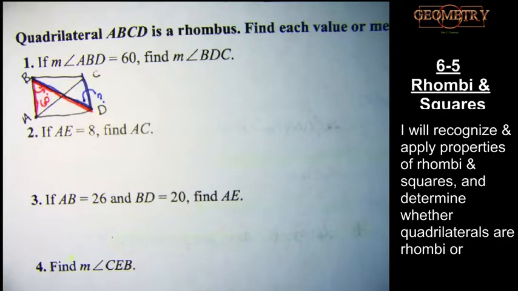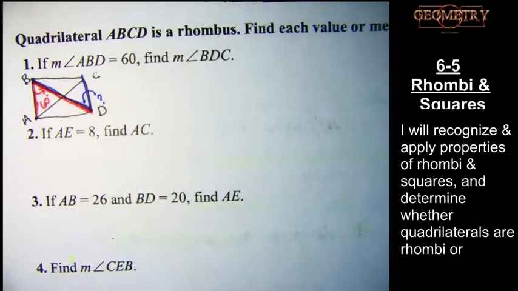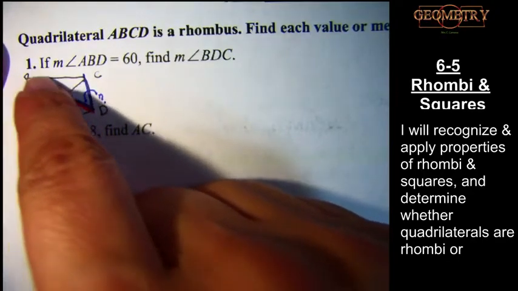What do you think? How do you know? Yeah, it's the same size. What's telling you it's the same size? The diagonal line on the other side. Okay, so this diagonal right here? No. This one?